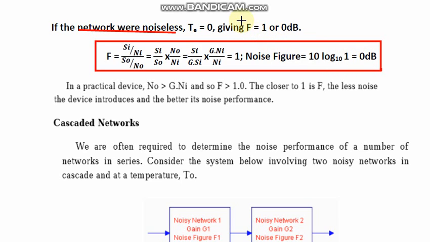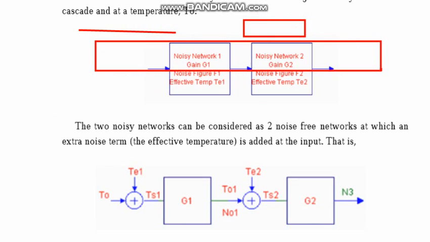That's why it is written that for a noiseless network, the noise factor is 1 or the noise figure is 0 dB. So this was the concept that we have used earlier.